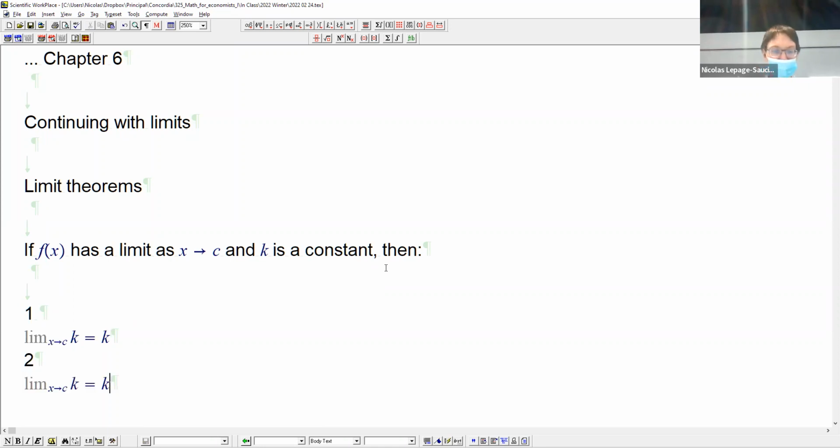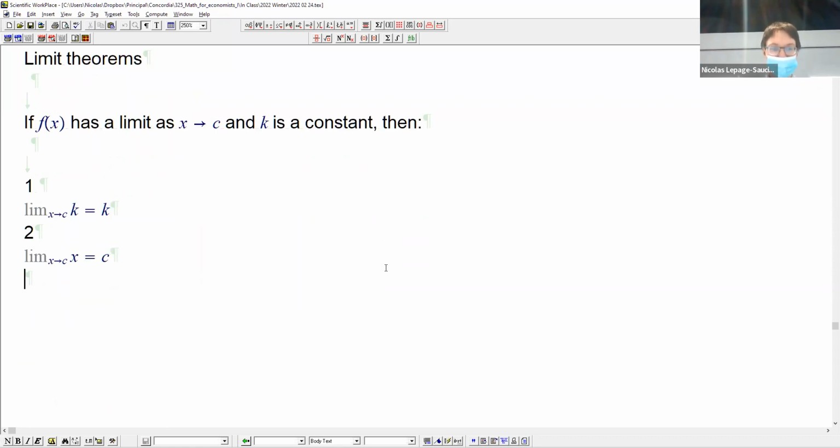The limit as x goes to c of x is c, which is also quite simple. Now we introduce our functions.